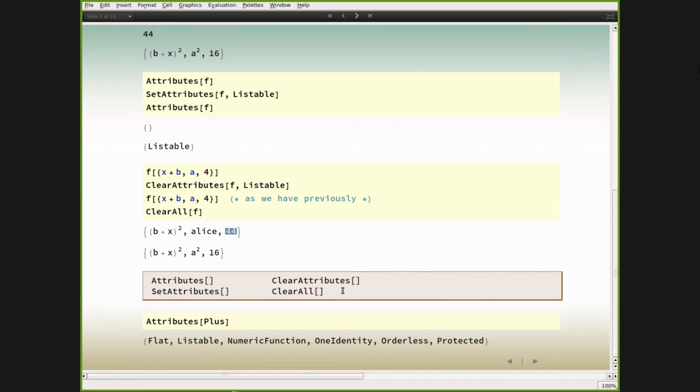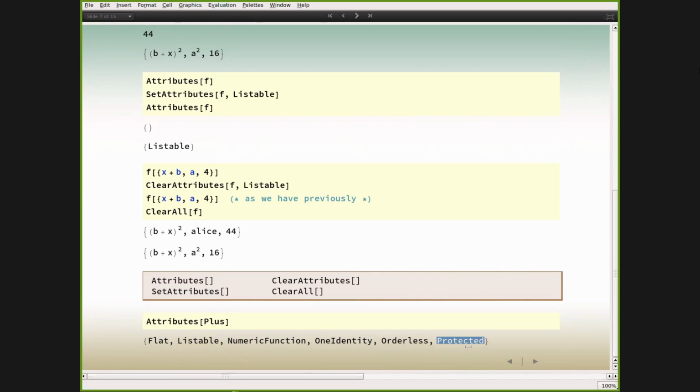If there were no idea of being listable, you would have to make loops to repeat computation. So please utilize this. For example, when you look at the attributes of the Plus function, you see that it is listable, but it is also Flat, NumericFunction, OneIdentity, Orderless, and Protected.